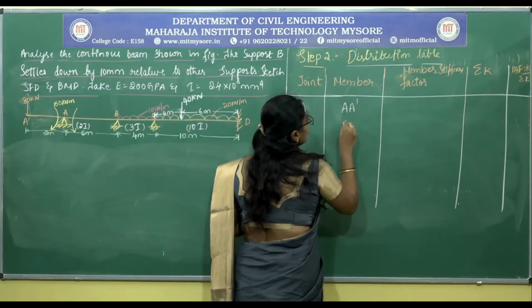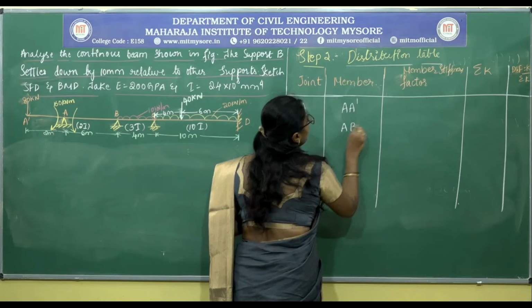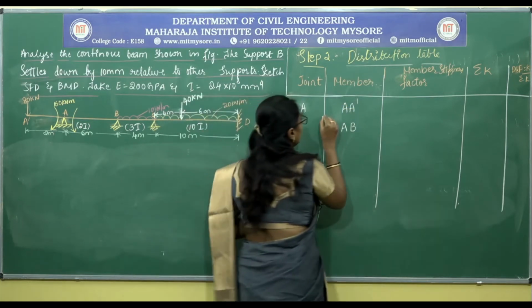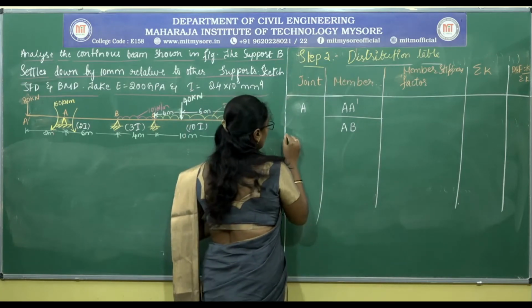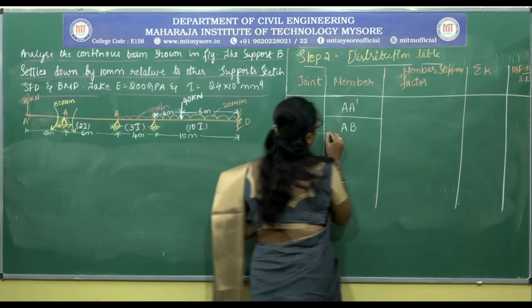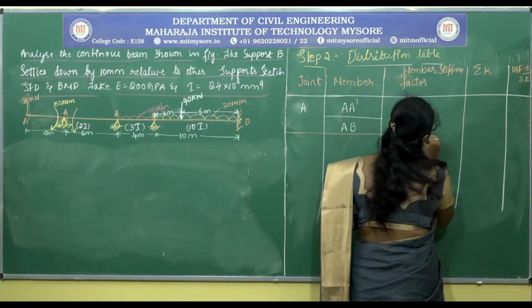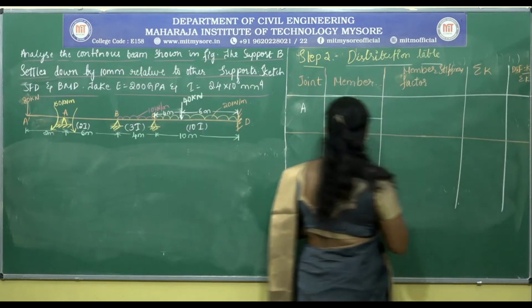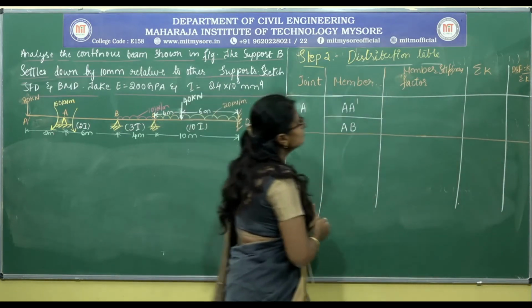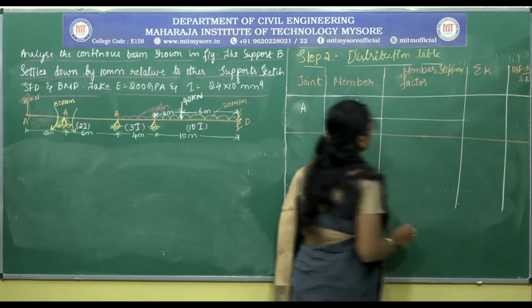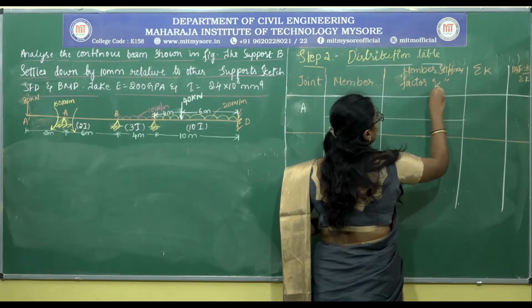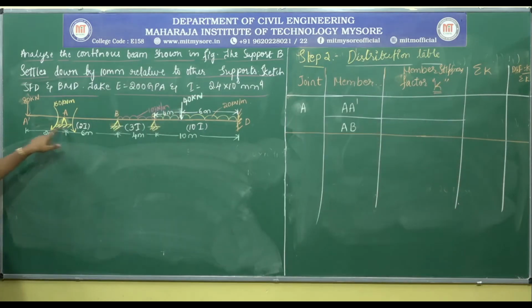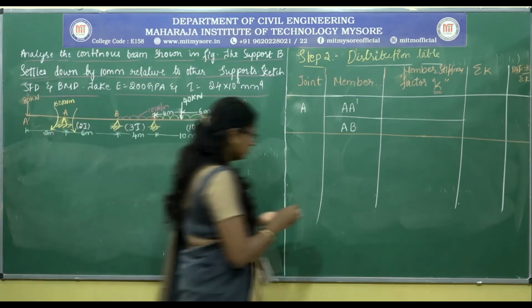A dash and AB are the members at joint A. Then for this joint, we need to calculate the member stiffness factor, which is equal to K. So in this case, for span A dash, the stiffness K is equal to 0.